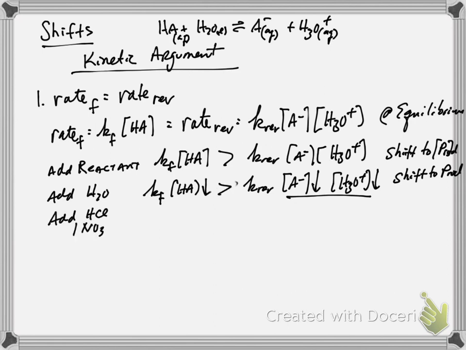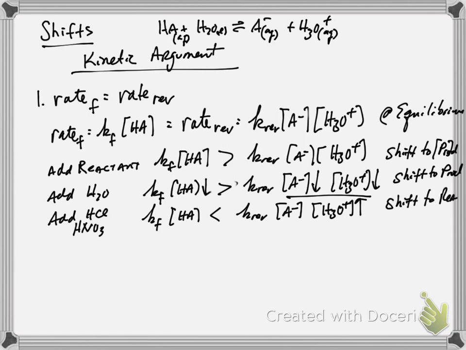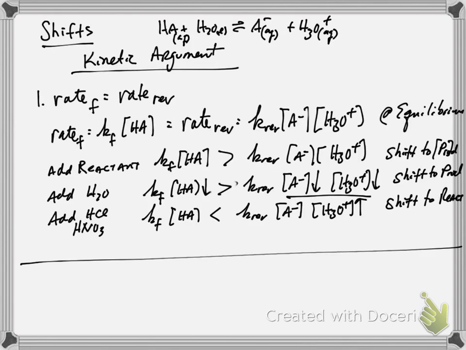And if we add a strong acid, which is adding a product to Ka, the reverse reaction is now moving faster because H3O plus just went up, and we would shift to reactants. So that's how we build these kinetic arguments.